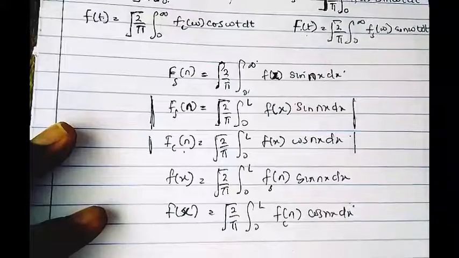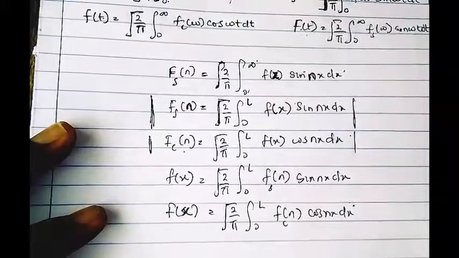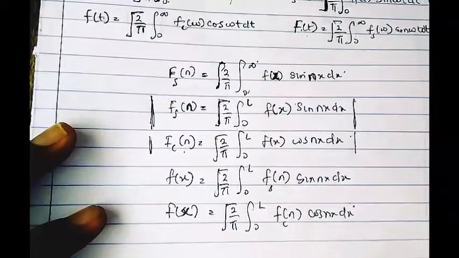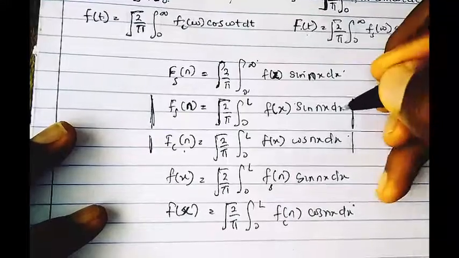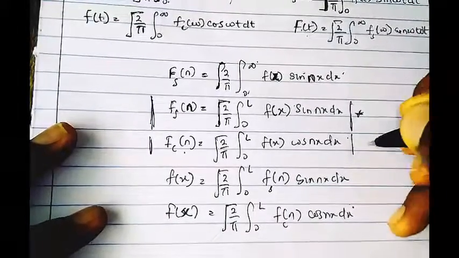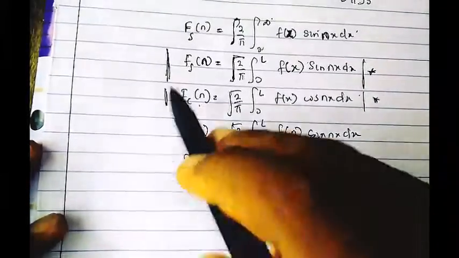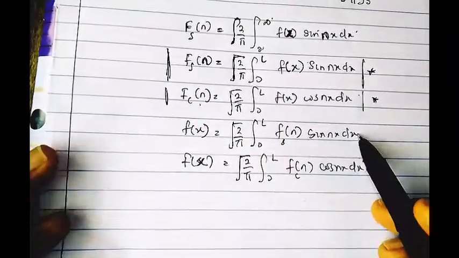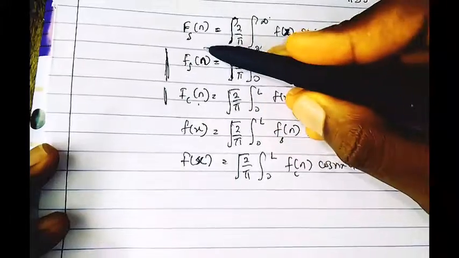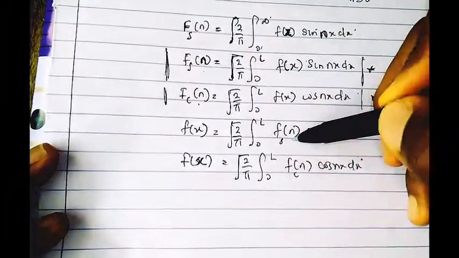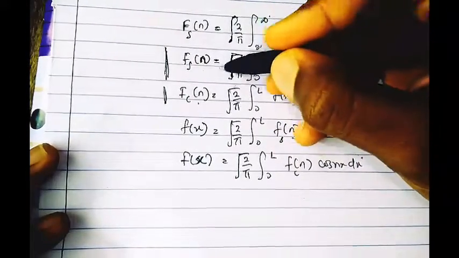Now there's a way we can shorten the formula for your finite Fourier sine transform. Since f of x, which is the inverse of this, is denoted as this, and I can find f subscript n of n in this, I can multiply these two.